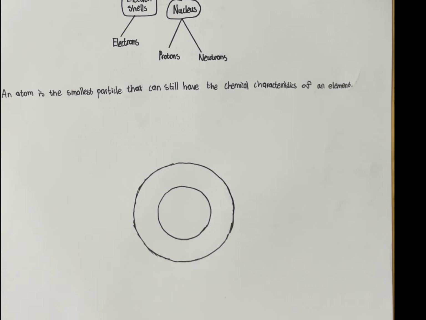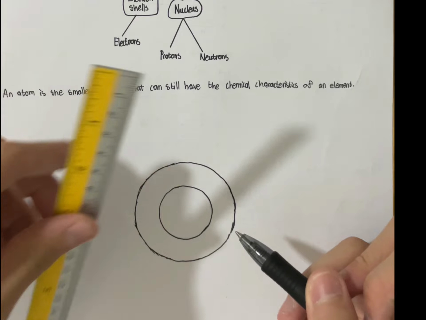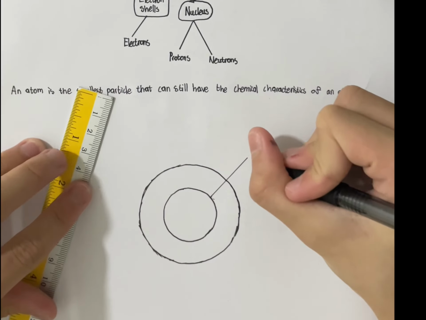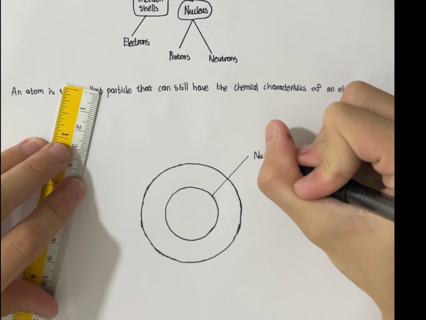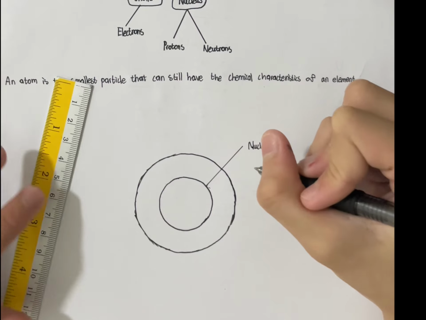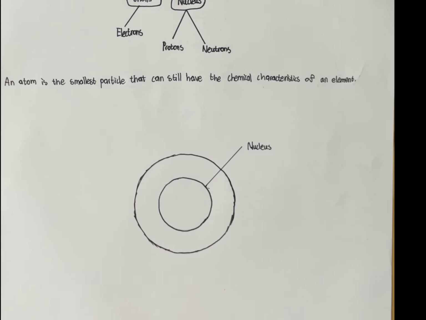So let's label these parts. The middle part, the center of the atom, this part right here, is known as the nucleus. And this nucleus contains protons and neutrons.